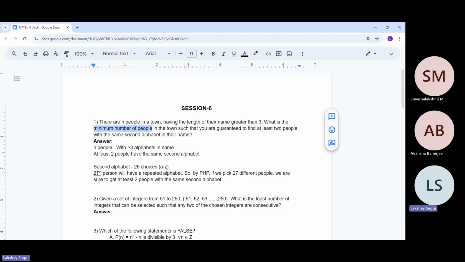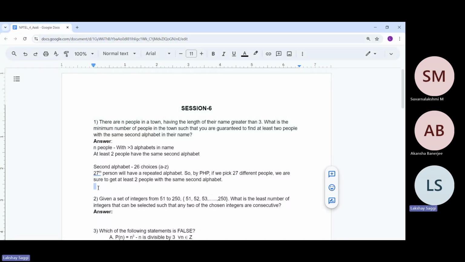So for showing the minimality of this 27, we need to show an upper bound, which we have shown: 27 is an upper bound. With 27, we will definitely have a solution. But we also need to show that if the number of people is less than 27, then we won't have a solution.